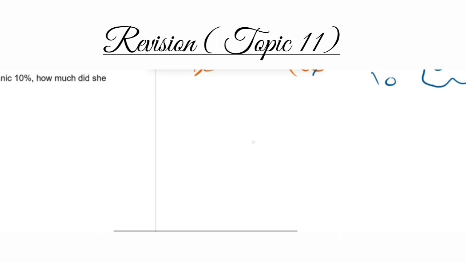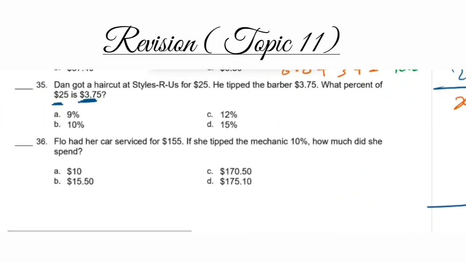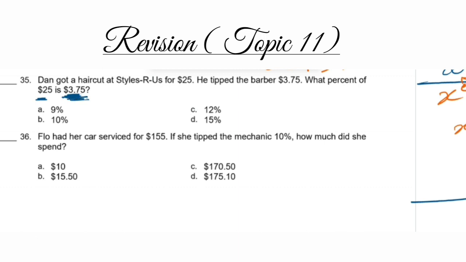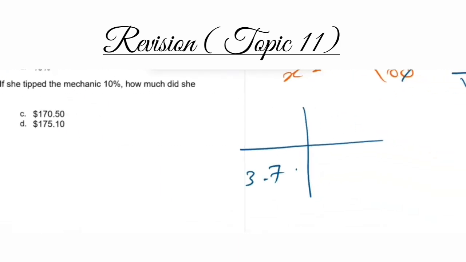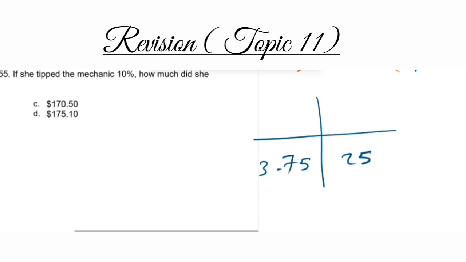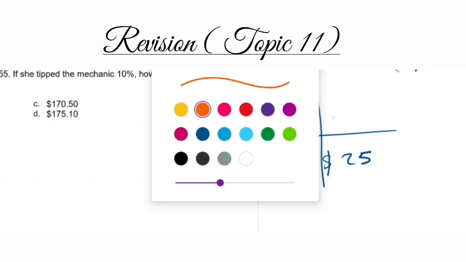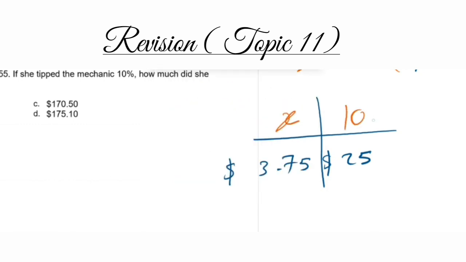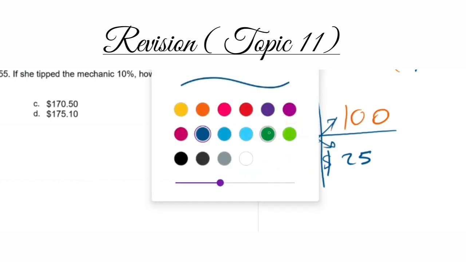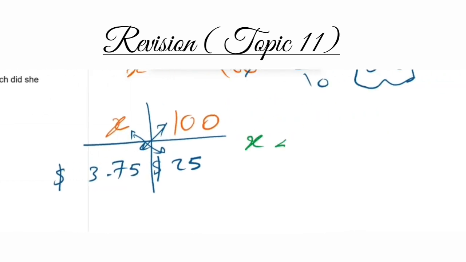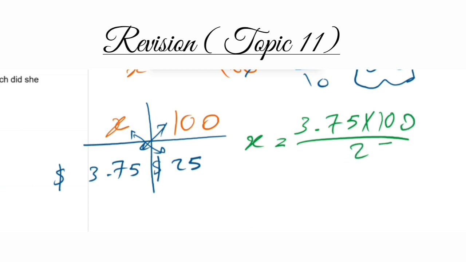Remember, we need to find 3.75 of $25. So this is dollars. And we need to find the percent. So the total of the percent is 100. Use cross multiplication. And now let's find x. So we will multiply 3.75 by 100 and divide by 25.